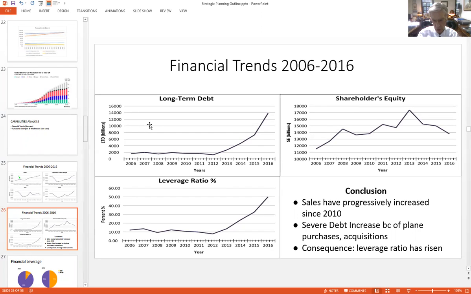And you can see in this particular case that the leverage ratio really shot up. The reason for that is long-term debt shot up. Equity actually went down in this case, kind of a strange situation. But the debt went up because the company made a couple of large acquisitions.